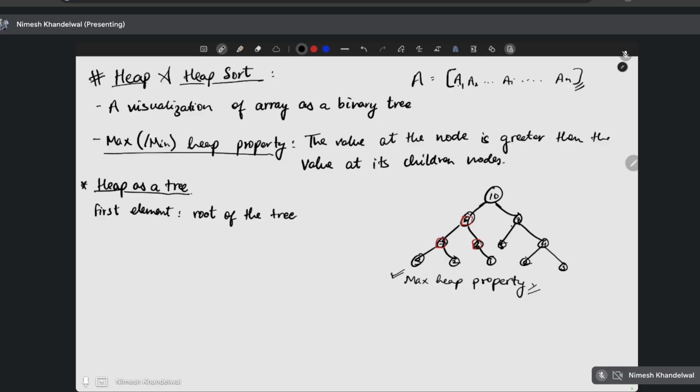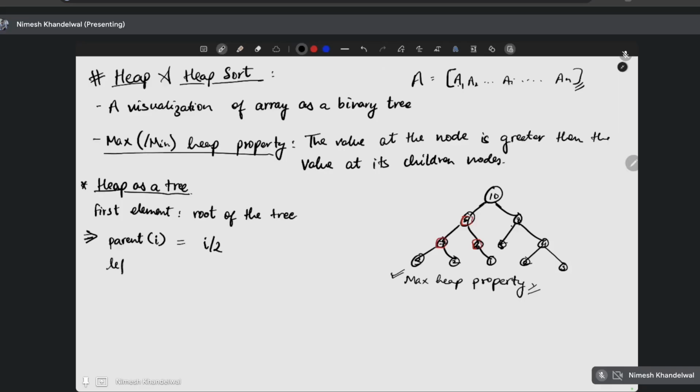And then for every subsequent element, the parent of the ith node is at the i over 2th location, right?